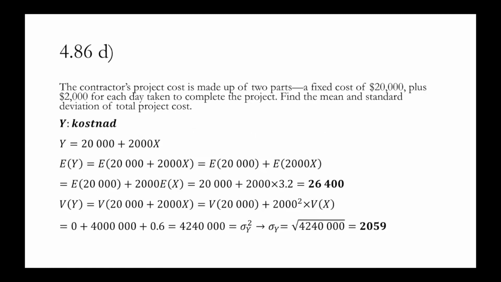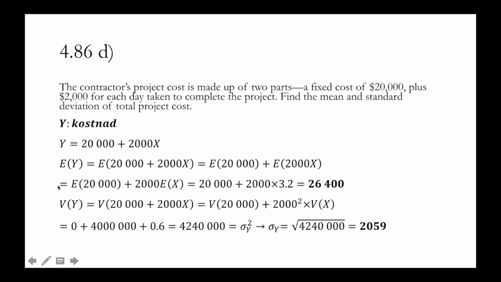I wrote it in Swedish, it's kostnad, the total project cost. This is the variable that we seek, and it's calculated by taking the 20,000 of fixed cost plus 2,000 for each day.